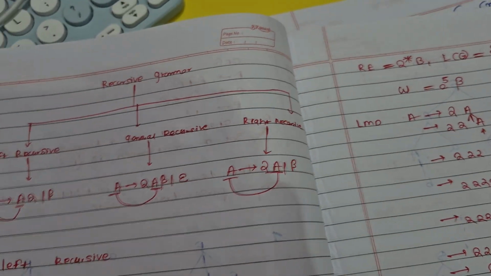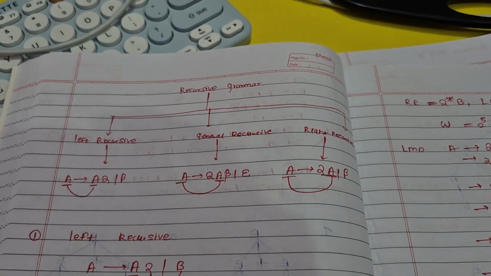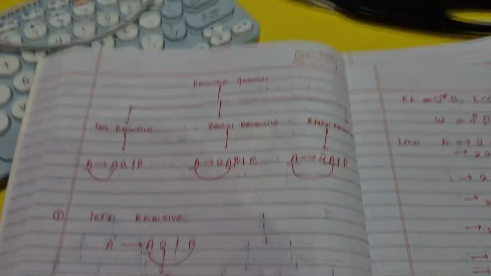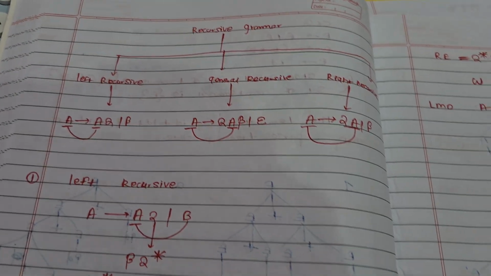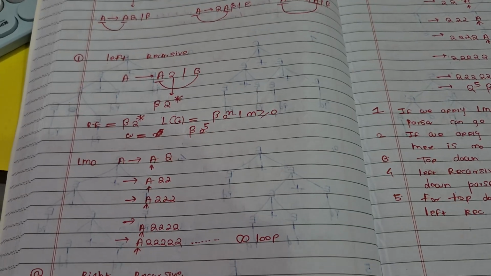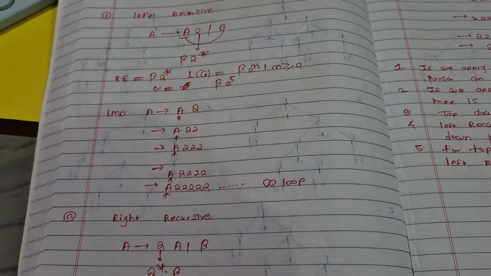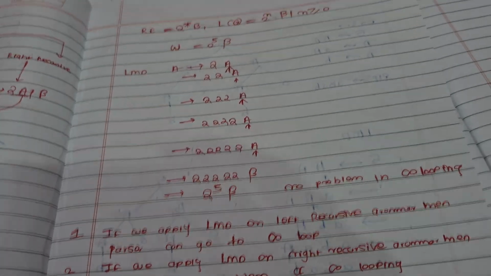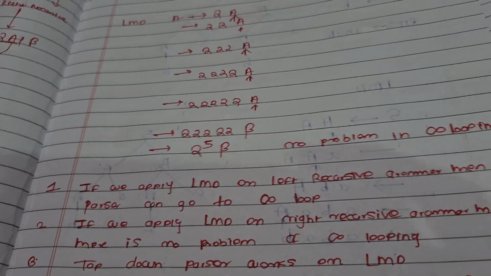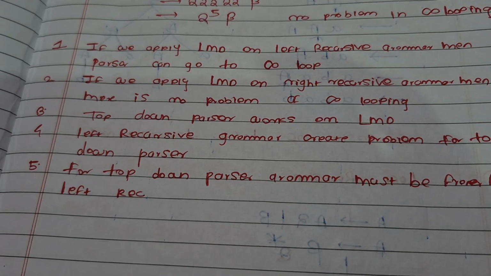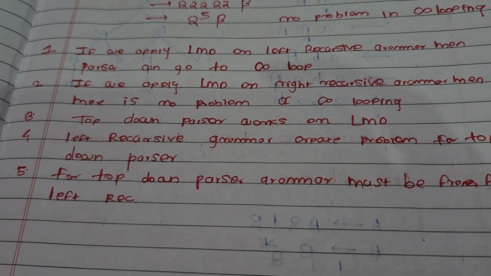Then recursive grammar: left recursive, right recursive, and middle is general recursive. Left recursive is this thing, infinite loop. Right recursive, no problem of infinite looping. These are some points.